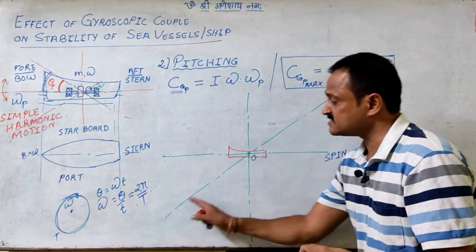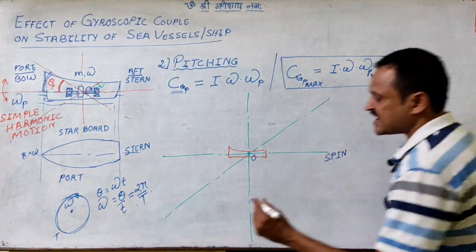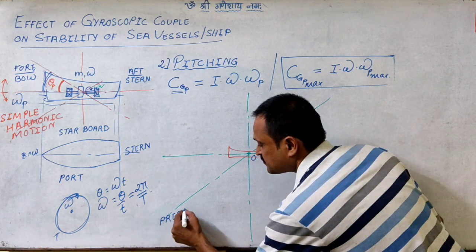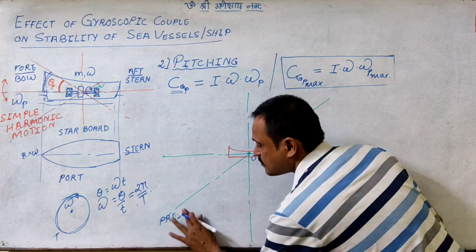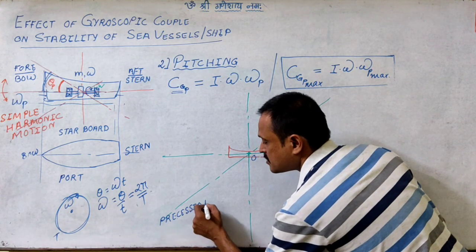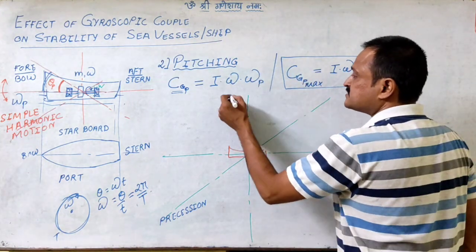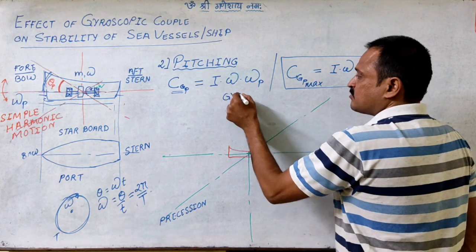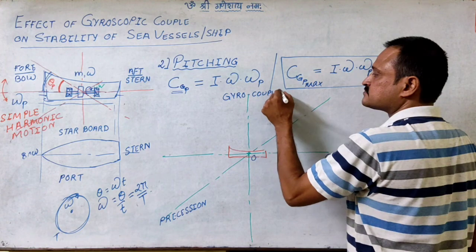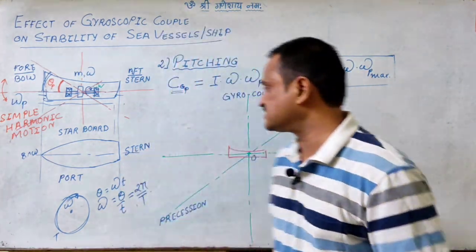That means the z-axis is the axis of precession. So the z-axis is the axis of precession, and the y-axis is the axis of gyrocouple this time.